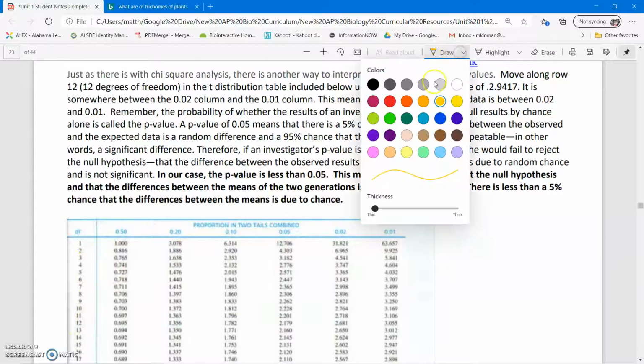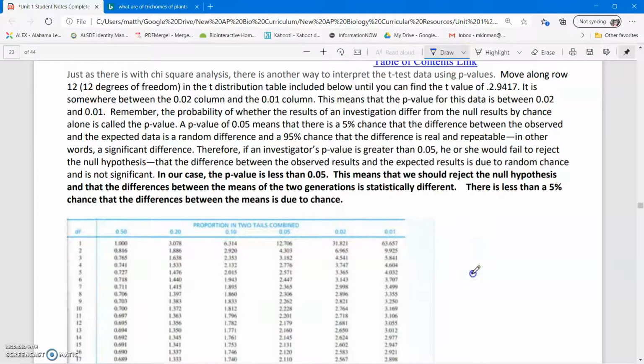Change my color to blue. So then it says once you find 12 degrees of freedom, move along until you find the calculated t-value. So in this example, we calculated 2.9417 or 3. In the water properties lab, that number will be different. So remember that. So 12 here, and so we move.